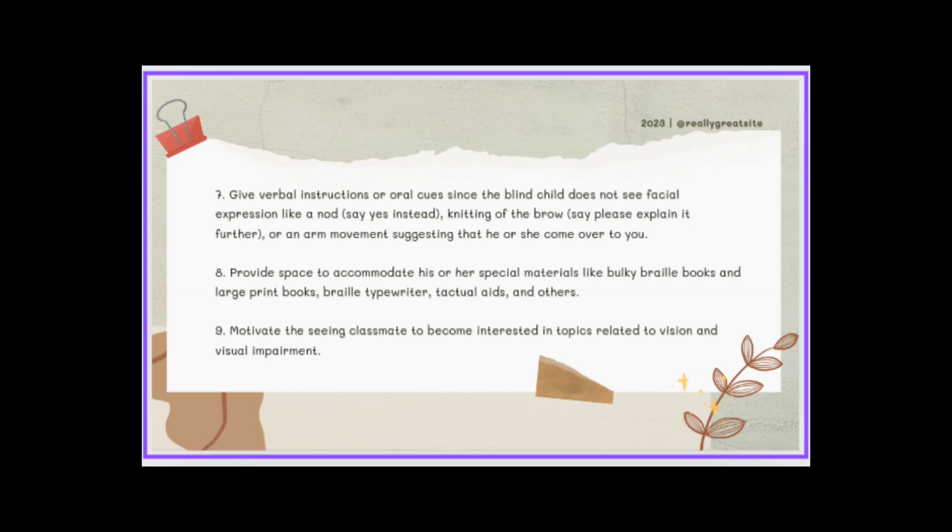So number 8 is provide space to accommodate his or her special materials like bulky braille books and large print books, typewriter and visual aids and others.